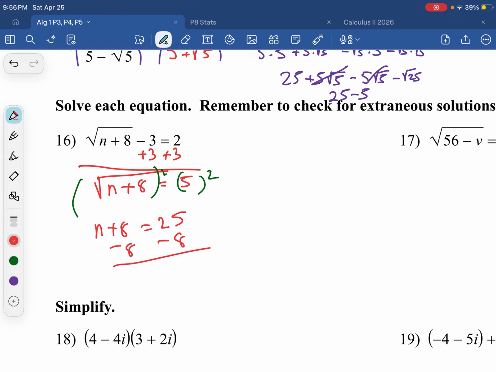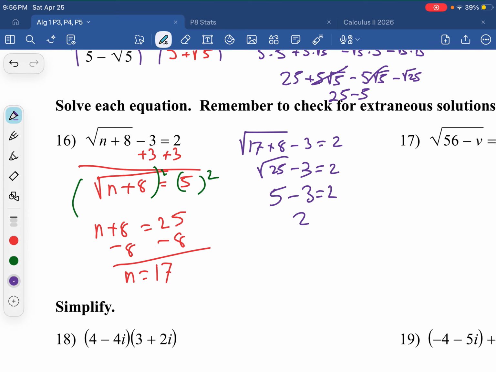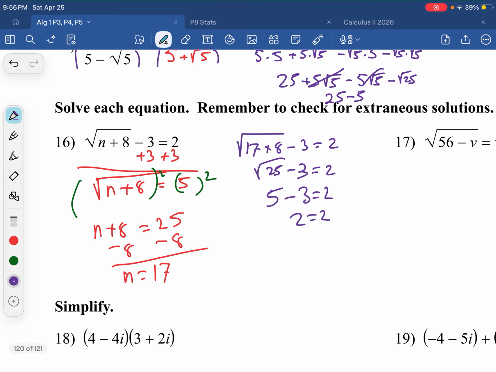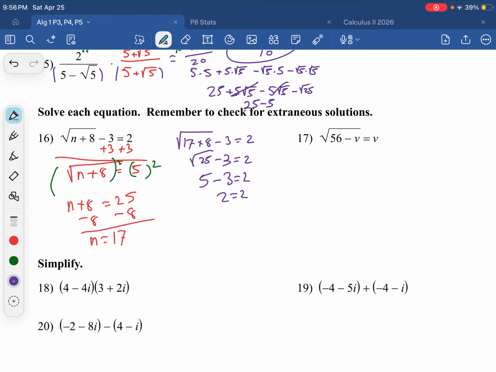When I subtract 8 on both sides, I get n equals 17. If I were to check the solution, 17 plus 8 minus 3 equals 2. The square root of 25 minus 3 equals 2. 5 minus 3 equals 2. 2 equals 2. Number 16 is a little easier.